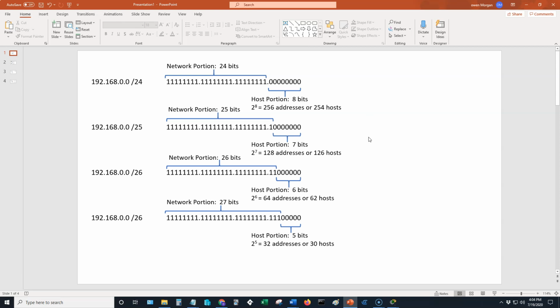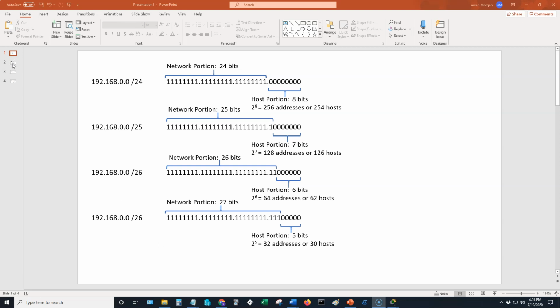As I said before, we have to take away 2 addresses, one for the network and one for the broadcast. As we continue breaking this down into smaller pieces, with /26 we use the first 26 bits and the last 6. So we have 2 to the power of 6, or 62 hosts, and so on, down to 30 hosts, and we can keep going down till we get to 2 hosts.